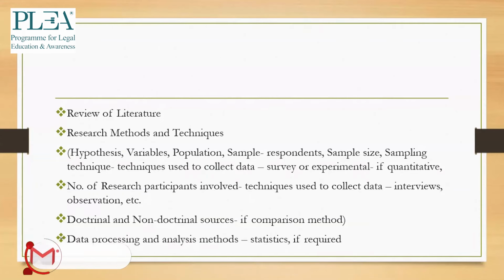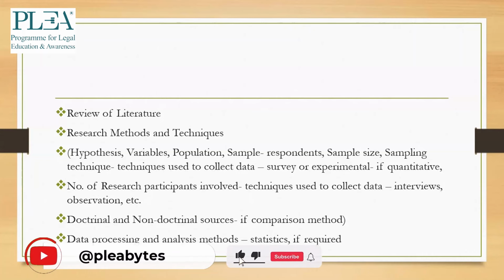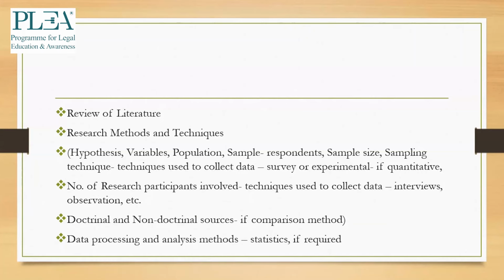That is a comparison method. You can compare even different jurisdictions. What is the Indian law about euthanasia? What is the law in the US about euthanasia? What is the law in Australia? What is the law in Japan? And you can compare all of these. That is also one of the research methods, the comparison method of doctrinal and non-doctrinal sources.